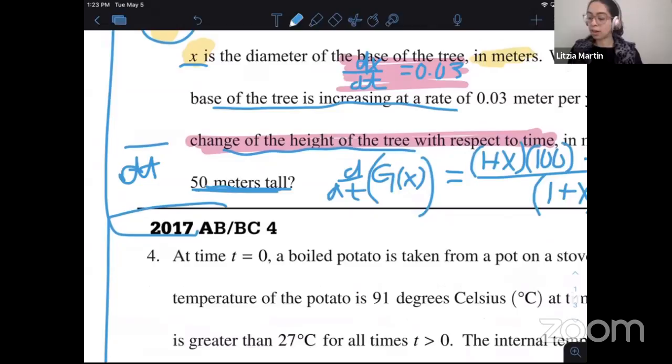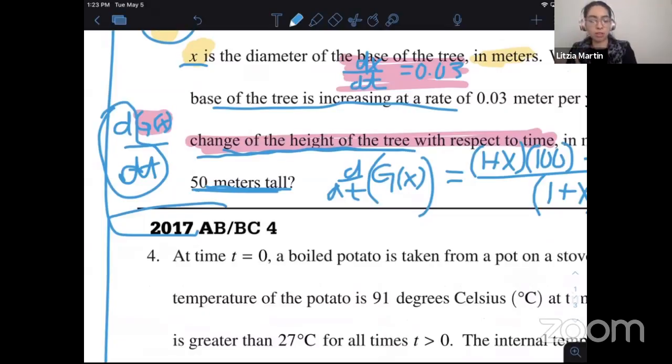And then the top part is what is going to be changing, in this case the change of the height. So d of g of x, because height is represented by g of x. So the change in height over the change in time. If you are given the g of x function, this just means you have to take the derivative d over dt of that g of x function.